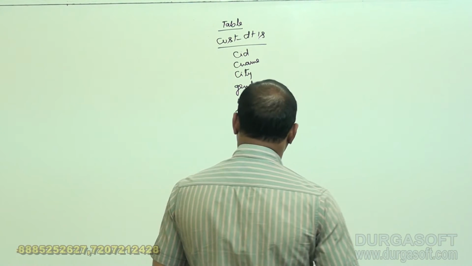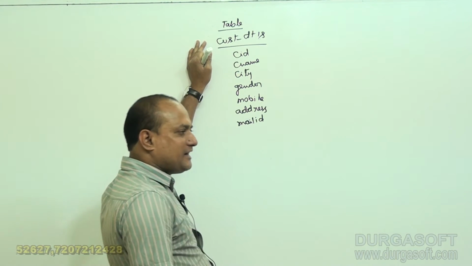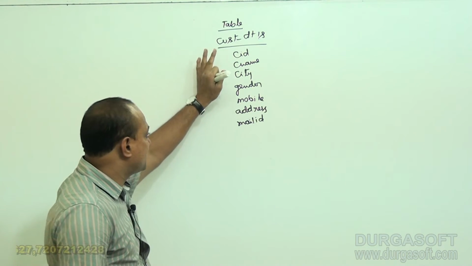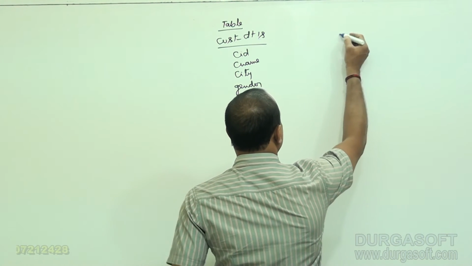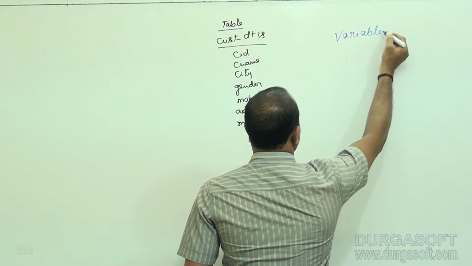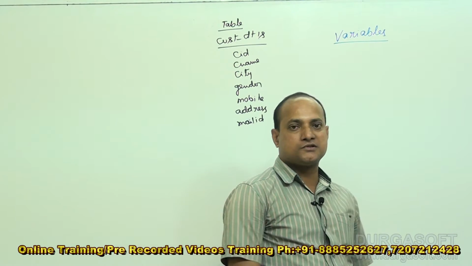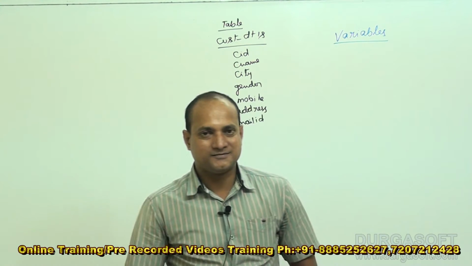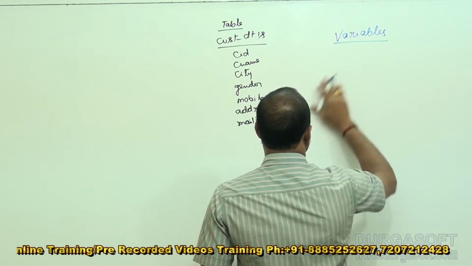Now let me discuss variables. Here is a table, customer details, which we need, that's why I keep it. Now what are variables in PL/SQL? A variable is used to store a value, we know that. Is there any type of variables? Yes.